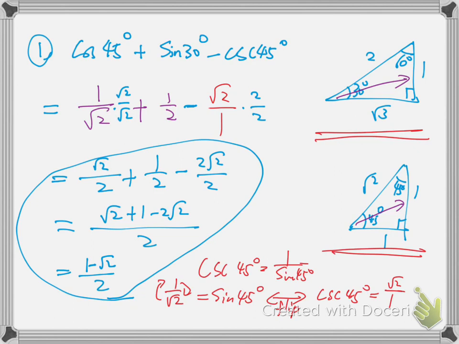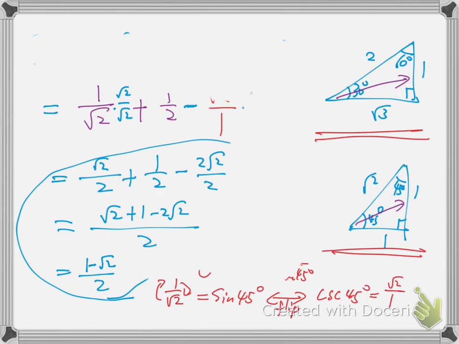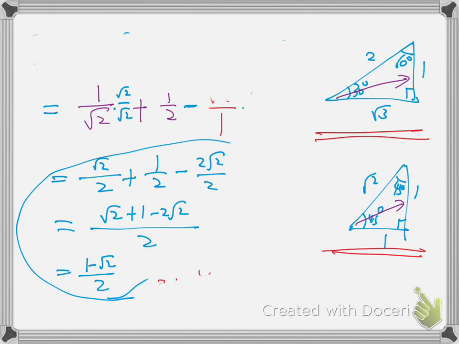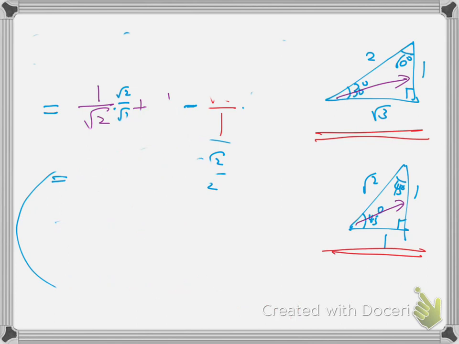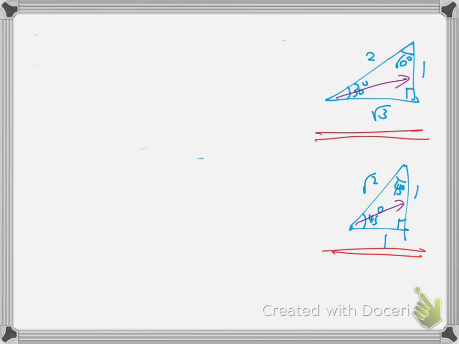So now number 2. Number 2 is similar, so I will keep the right triangles. Number 2 is tangent 30 times tangent 60 minus tangent 45, right?